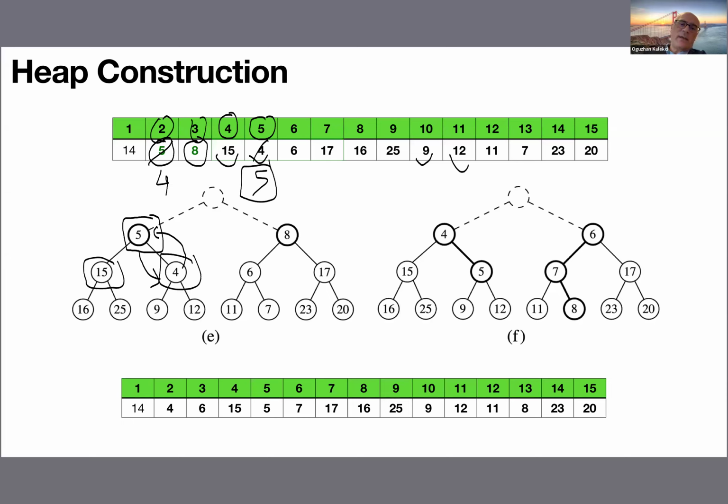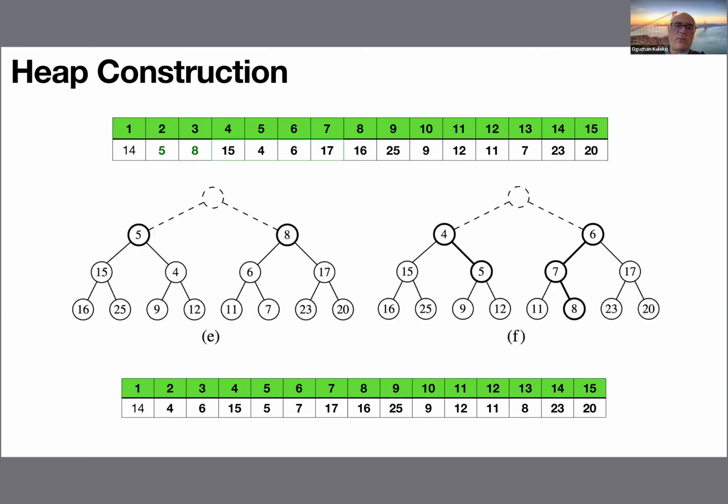Now for the next one, position 3. Let me make a clearing. Now I'm focusing on this one. That is 8. Who are the children? They are 6 and 7. So you have the values 6 and 17 here. If you make the verification, you see that I should make a move because 6 is less than 8.